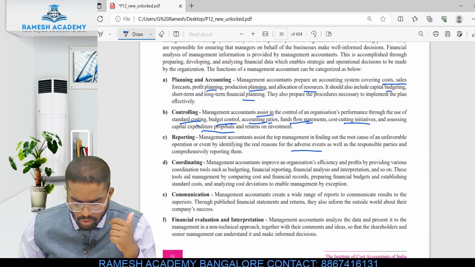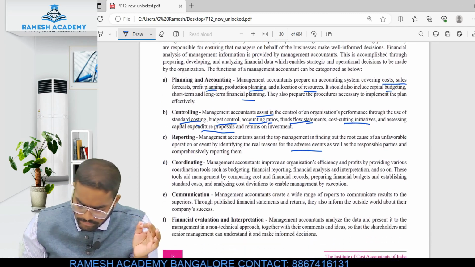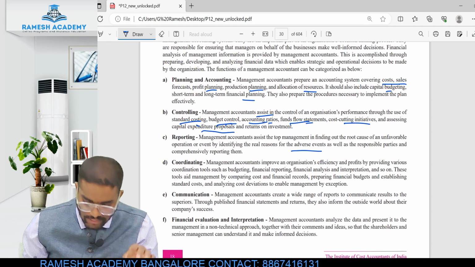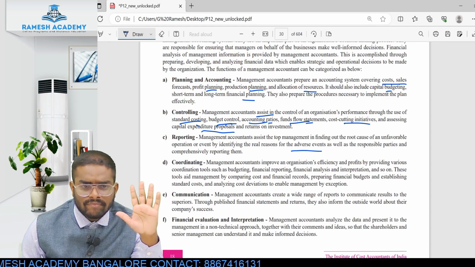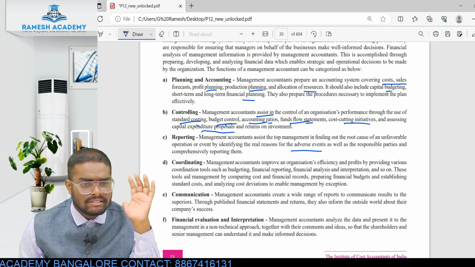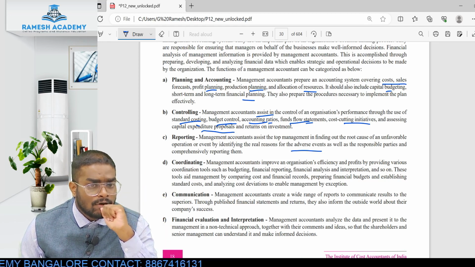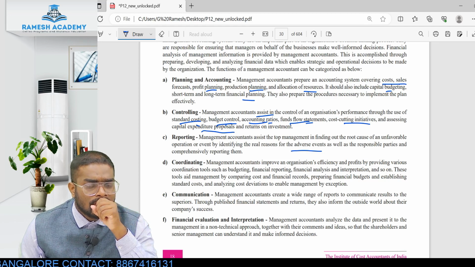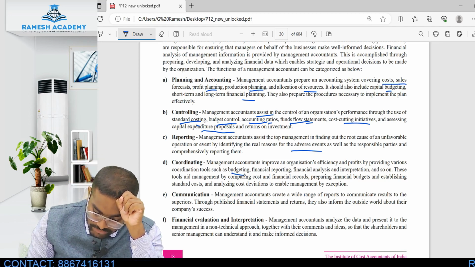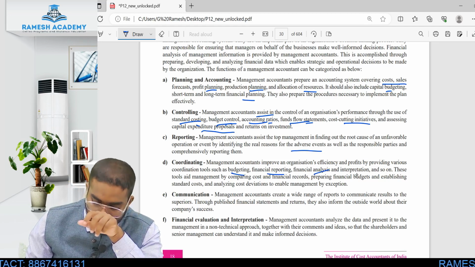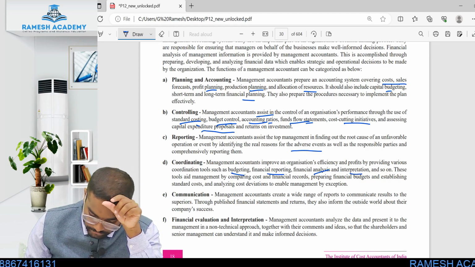Next, we have coordinating. What is coordinating? See, the purpose of management accounting is to have a proper coordination in the business. How will he do this? He'll do this by having tools like budgeting, financial reporting, financial analysis, interpretation, and so on.